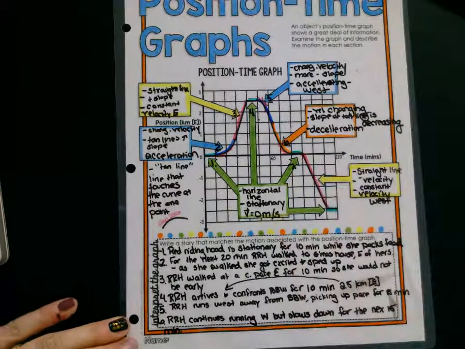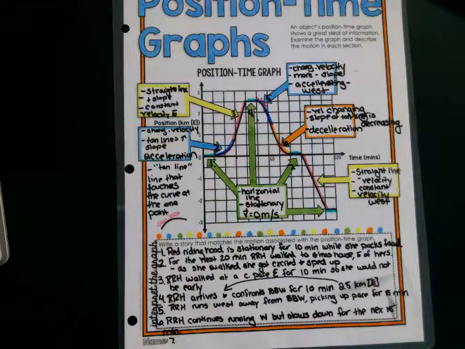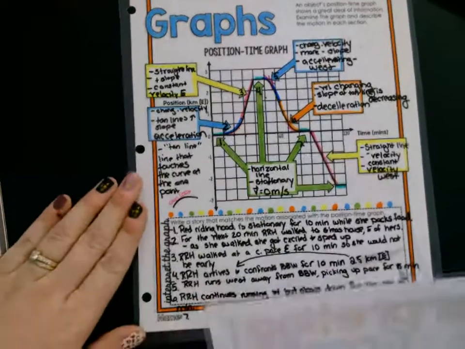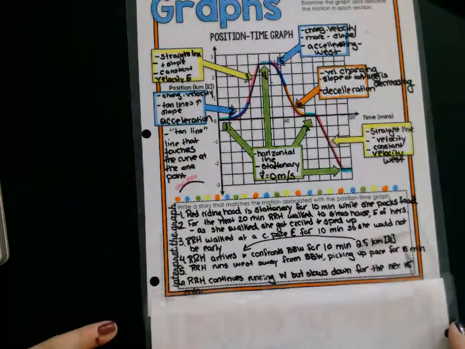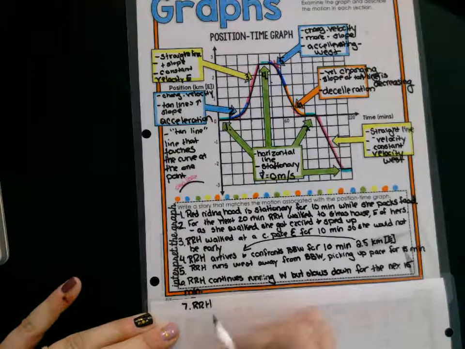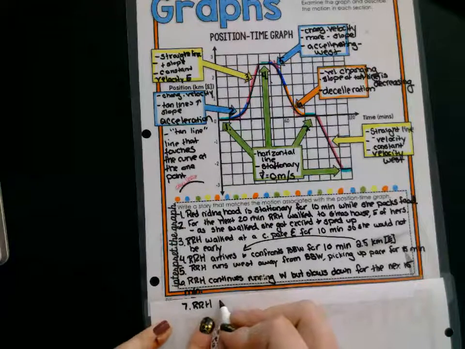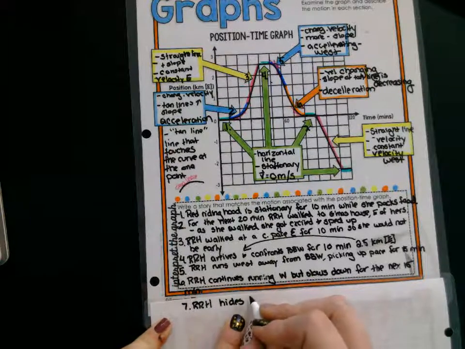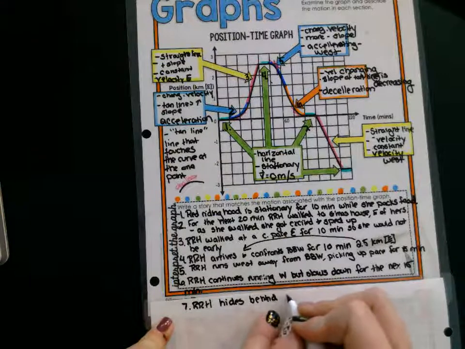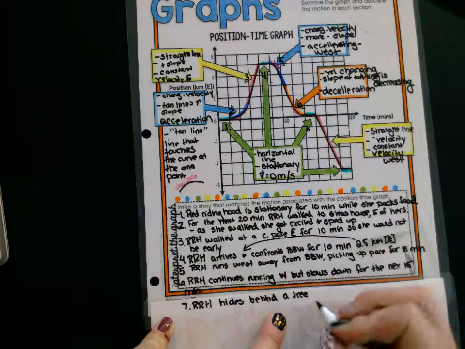Step 7. Red Riding Hood is out of breath. She needs to take a break. So I'm going to grab another sheet here really quick. So step 7. Red Riding Hood hides behind a tree, and where is she?